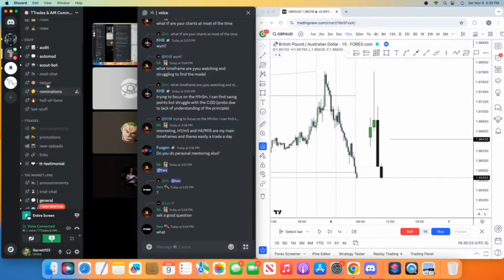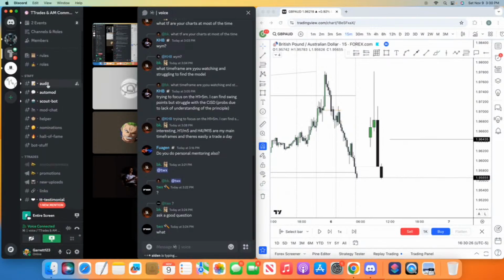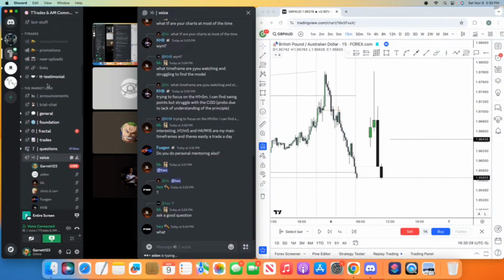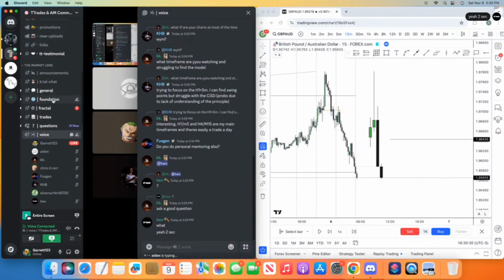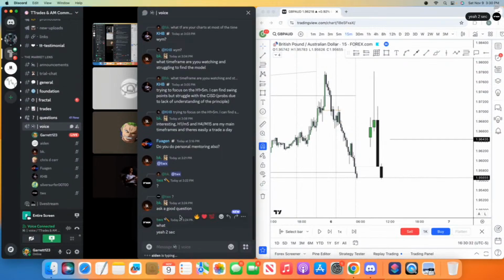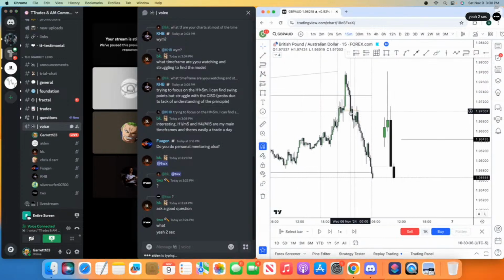Pretty sure someone's gonna share it. TWX is gonna share it with you. Yeah, apply this indicator. It makes it super easy to identify these models and help you out. Cool. Thanks for that. Yeah, no problem.